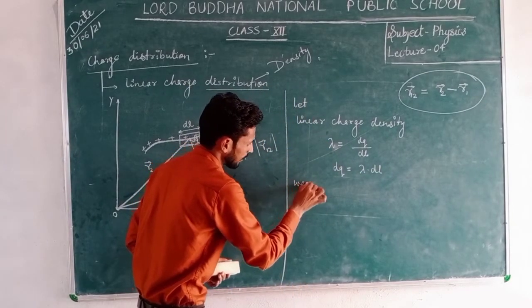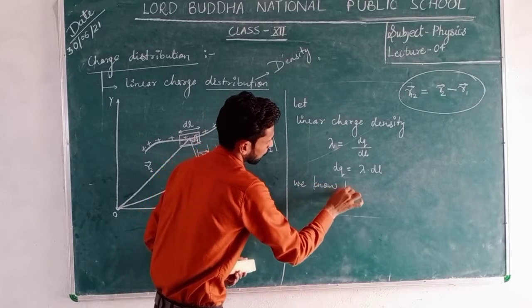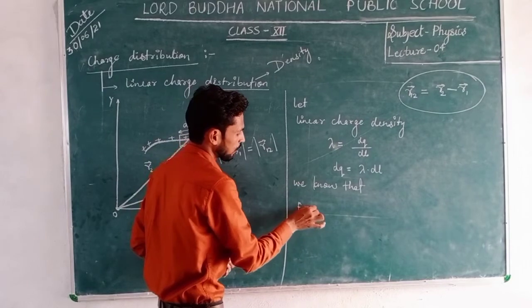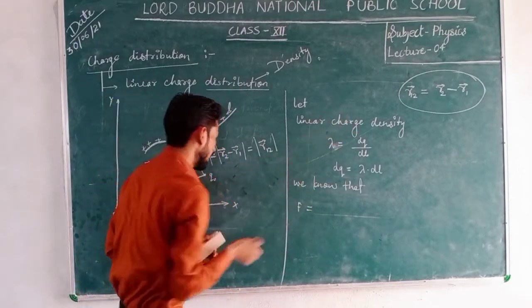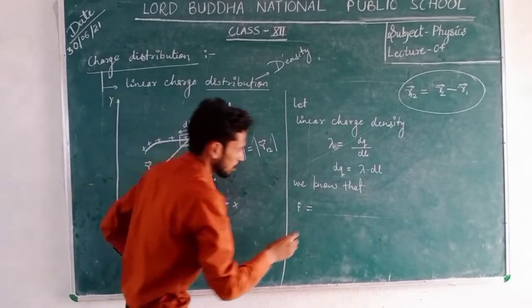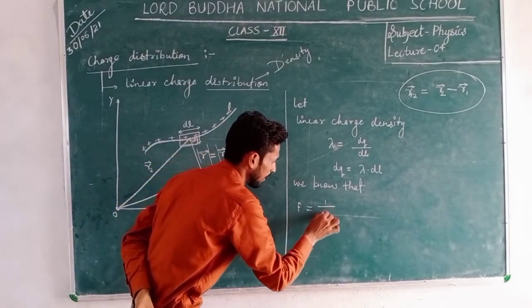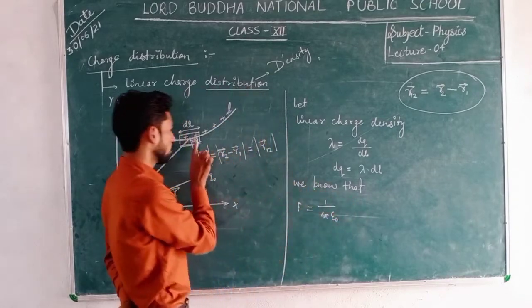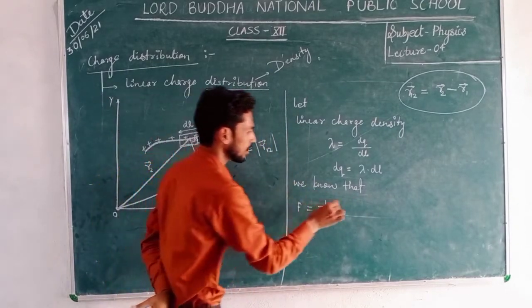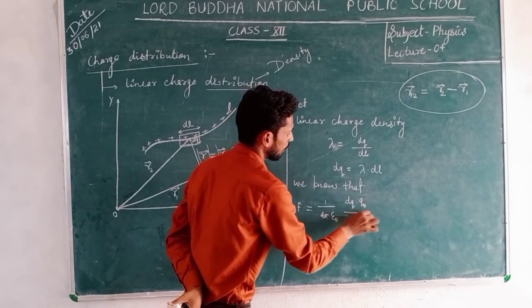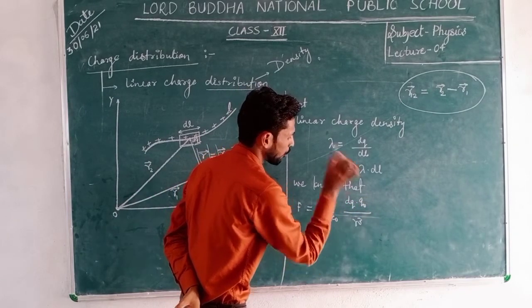So we know that according to Coulomb's law, F equals, here are the two charges, first is dq, second is q naught. So F equals 1 upon 4 pi epsilon naught, dq into q naught divided by r cube.